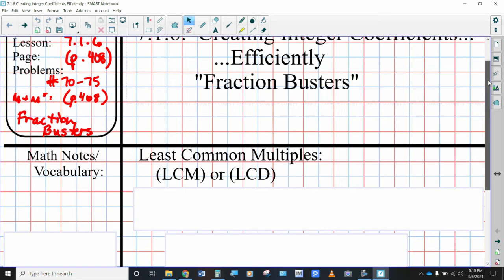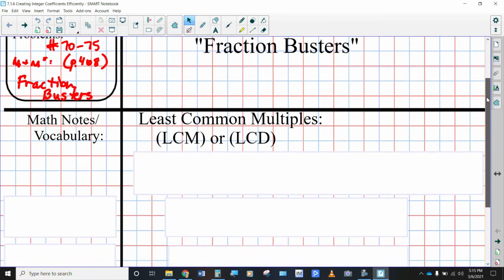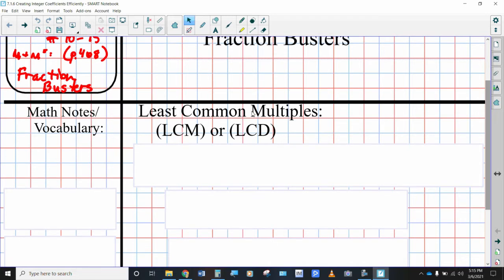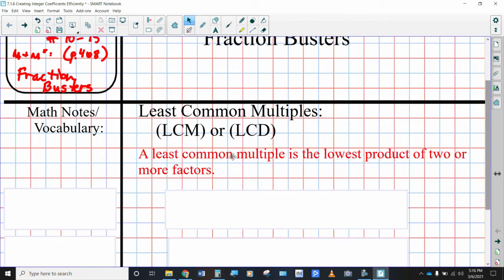So before we get too far into it, let's make sure that we understand the whole idea of least common multiples, or in the context of fractions, least common denominators. Least common multiple is the lowest product of two or more factors.